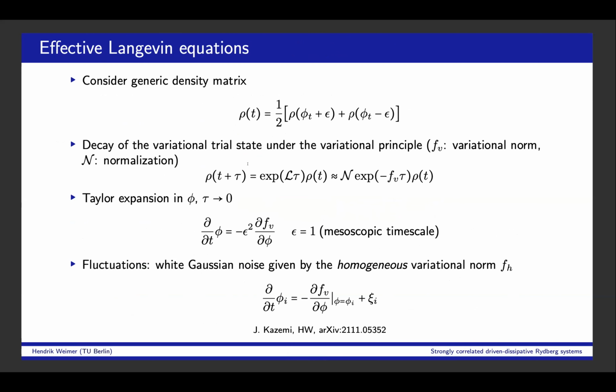But there is no guarantee that this mesoscopic time scale is reached after whatever time you want to look at. It could be that, of course, if you want to look at some initial dynamics in your system, you're outside of this window where this mesoscopic time scale appears. So then wait for that to appear.